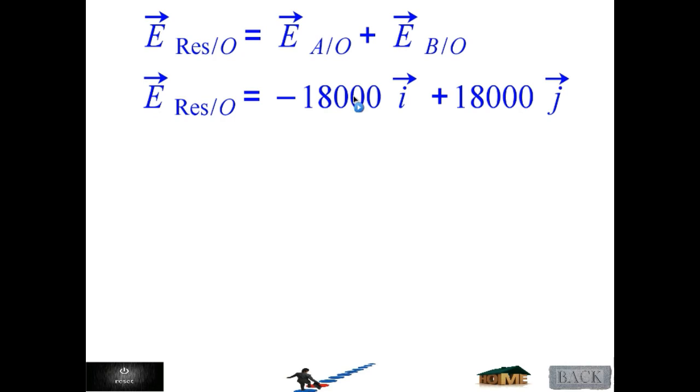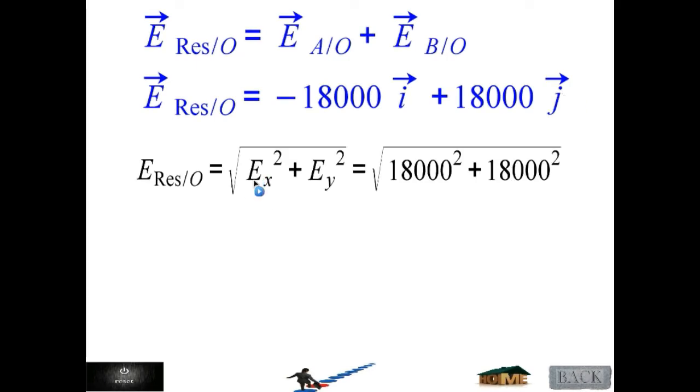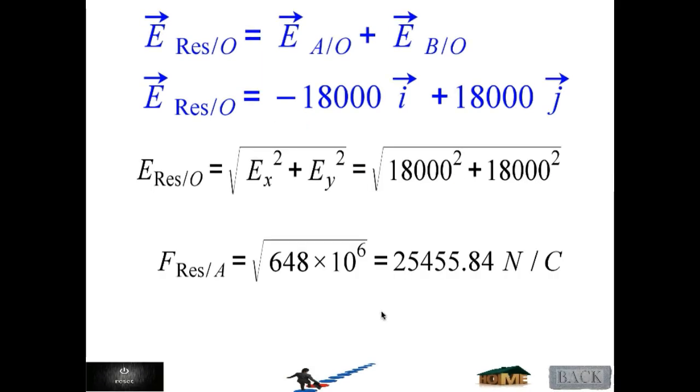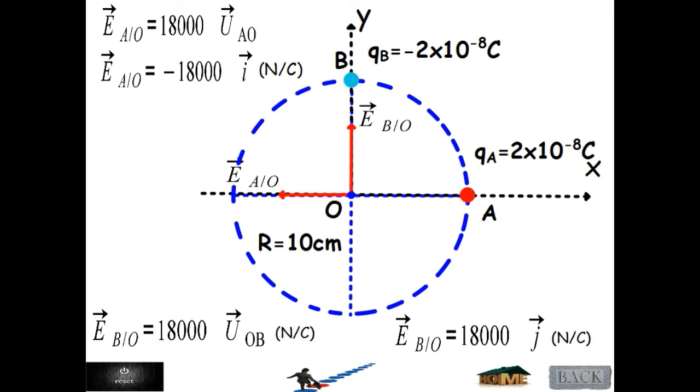And since the two electric fields are perpendicular to each other, directly we can apply the Pythagorean theorem. The E resultant at O will be the square root of Ex squared plus Ey squared, equal to the square root of 18,000 squared plus 18,000 squared. Of course, the minus is cancelled because it is already squared. And the answer will be 25,455.84 Newton per Coulomb.